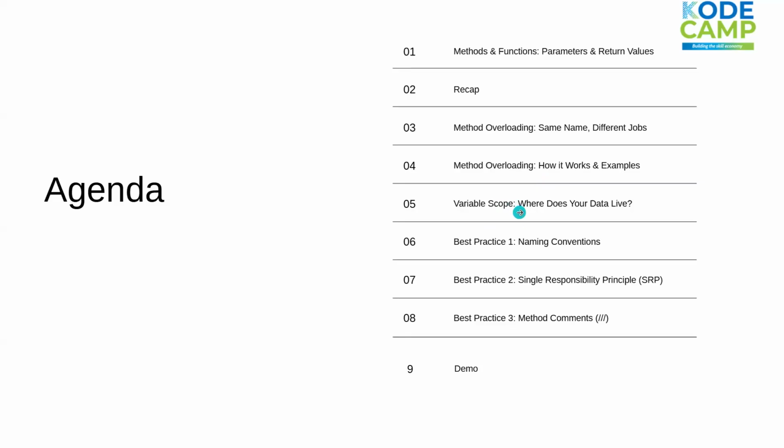What does scope really mean in programming? Then best practice: naming convention, single responsibility principle, and method comments, but we will not handle method comments in our class today. That would be when we dive into OOP. So we get to understand that clearly, right?